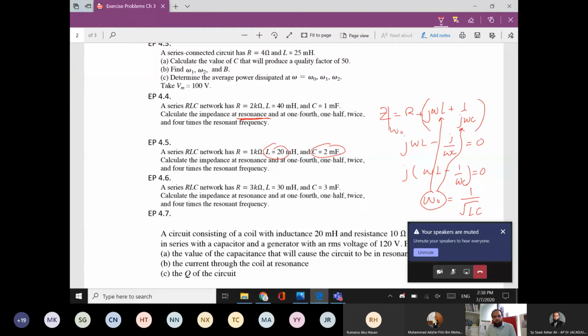And then they're asking you to find at 1/4, 1/2, twice, and 4 times the resonance frequency. So once you have found omega naught, find at omega naught upon 4, omega naught upon 2, 2 omega naught, and 4 omega naught. Is that clear?